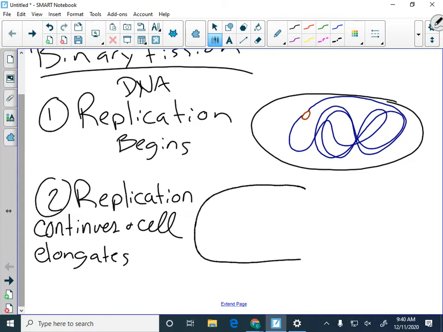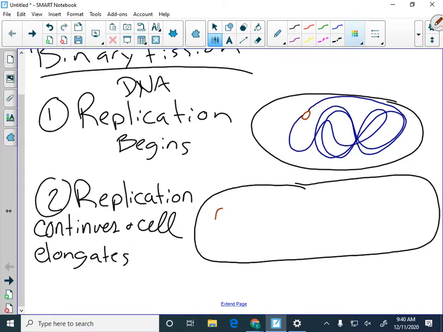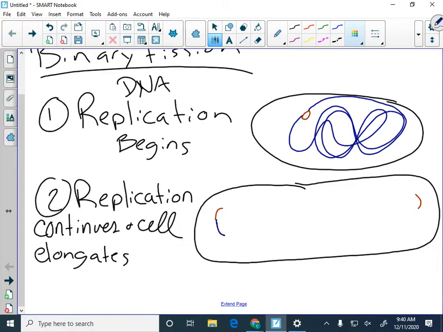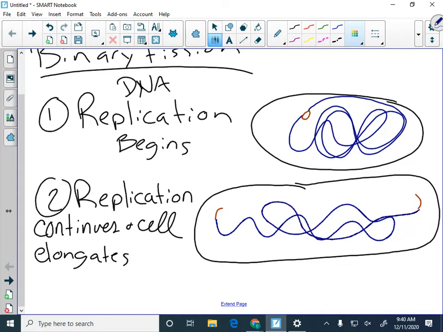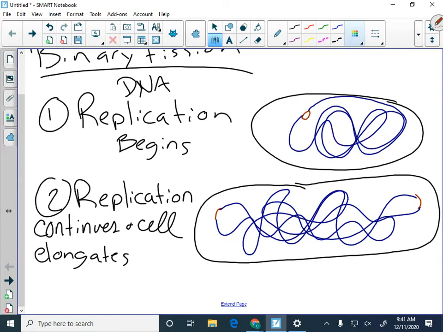So we'll draw a little bit wider. At this point, our origins are towards opposite ends of the cell.